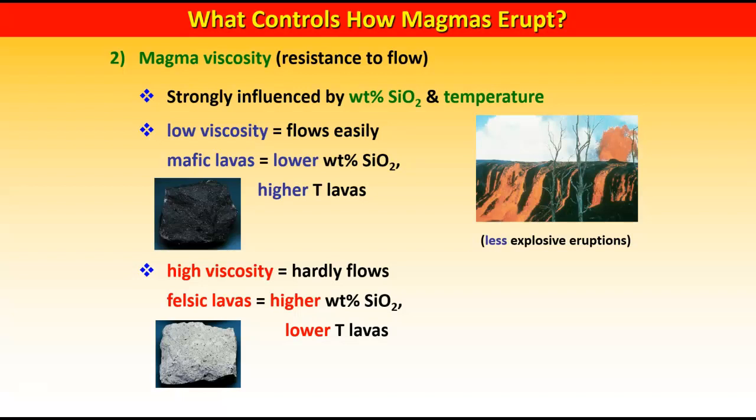So when these types of materials erupt or make it to the surface, they're not super explosive. Now they have pressure and power. If you've seen some Hawaiian island volcanoes, they spew out and you have these lava fountains. There's pressure there. It's not like it's not powerful. But rarely do you have very big explosions with that.